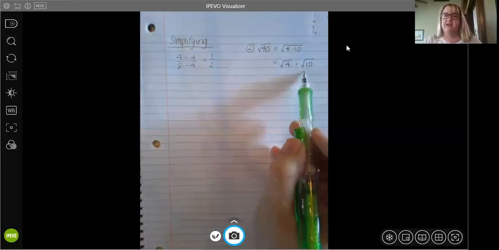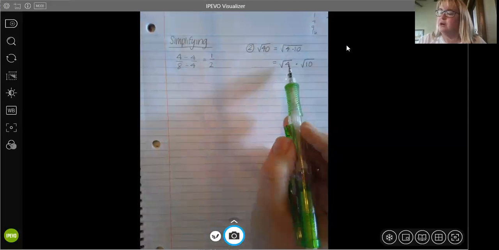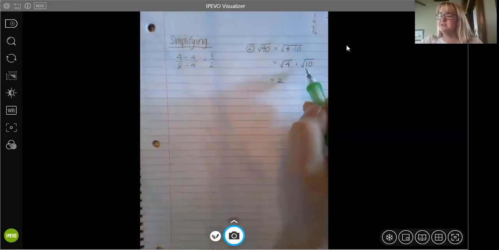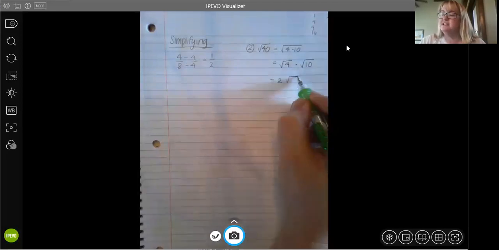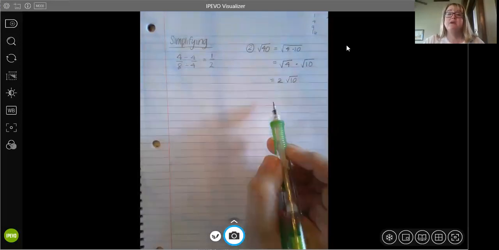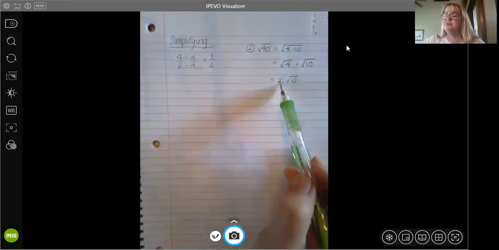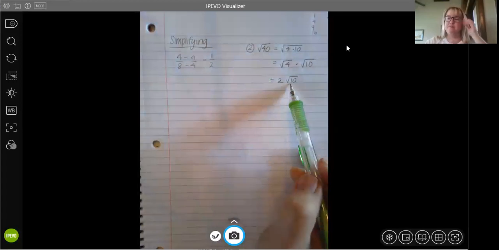Well, the square root of 4 is 2. The square root of 10, well, 10 is not a square number. Other than 1, 10 does not have any square factors. So the square root of 10 is considered in simplest form. So the square root of 40 simplifies to 2 times the square root of 10.